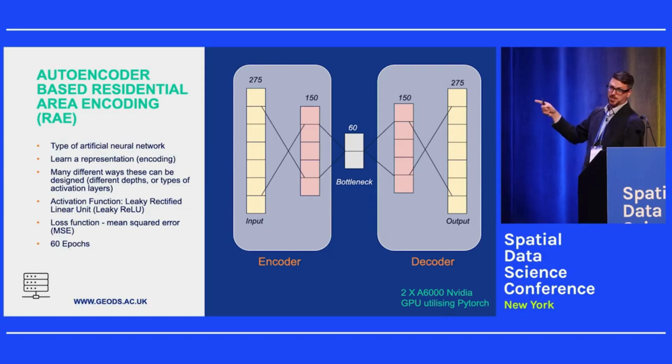And it optimizes this method by fitting a decoder function, which is trying to recreate the original data. So it's iteratively trying to recreate the individual data from this compressed representation. The model runs, and at some point produces a model which is as good as it can get. And that bottleneck layer is the compressed representation that we use in the cluster analysis.